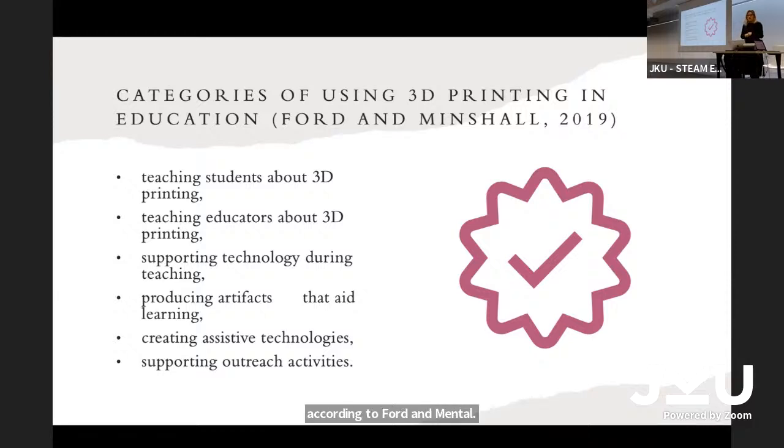It's about teaching students about 3D printing, teaching educators or teachers about 3D printing, supporting technology during teaching, production or 3D printing of artifacts that could help the learning process and help understand different mathematical and other STEM subject concepts, creating assistive technologies, and supporting outreach activities. So there is a wide space for using 3D printing in education, in the classroom and in general.